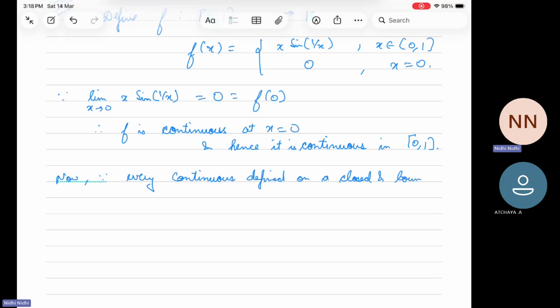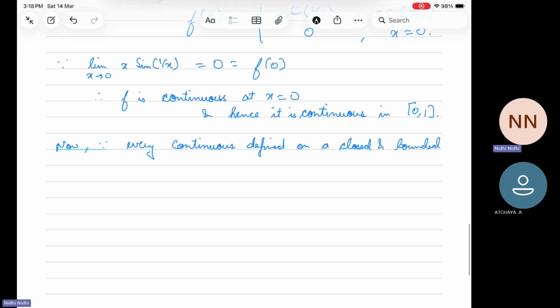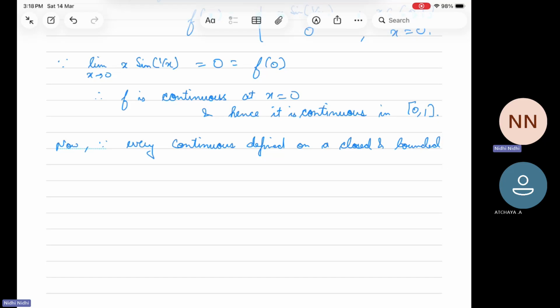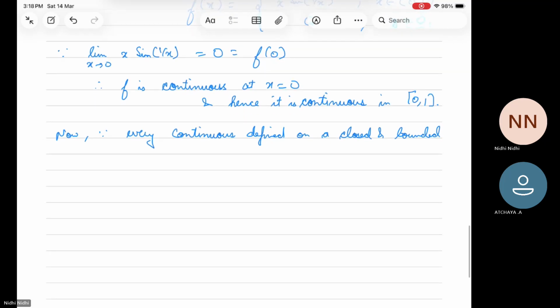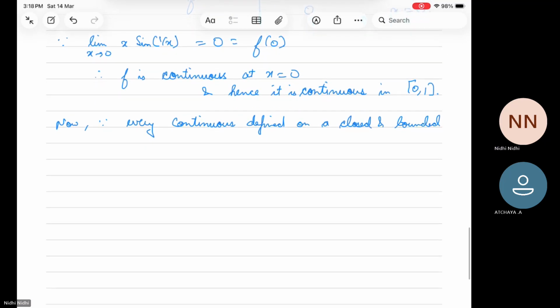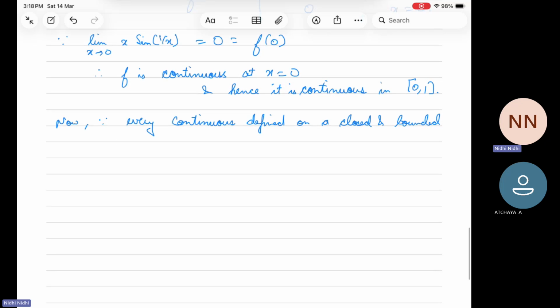This is a very good result: every continuous function defined on a closed and bounded domain is Riemann integrable.